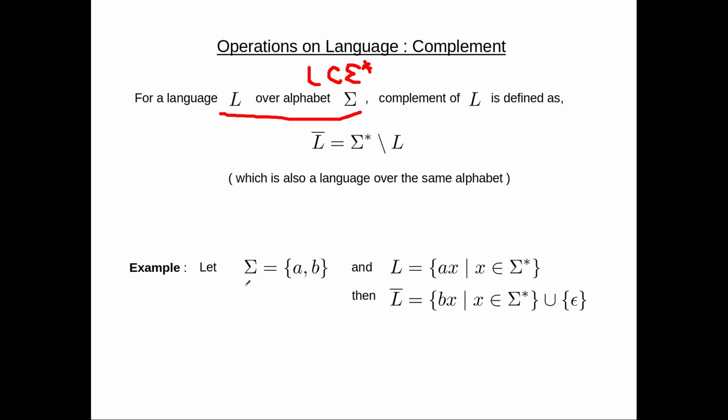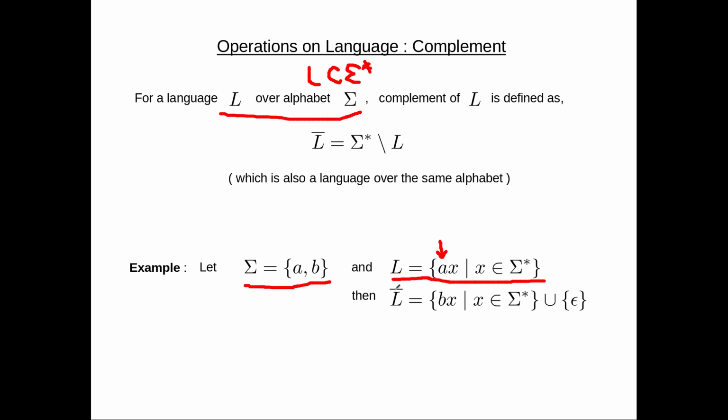Again, if we take this alphabet, and if we take L to be all the strings constructed out of the symbols a and b which start with a. This x is a string, but this a is a symbol.